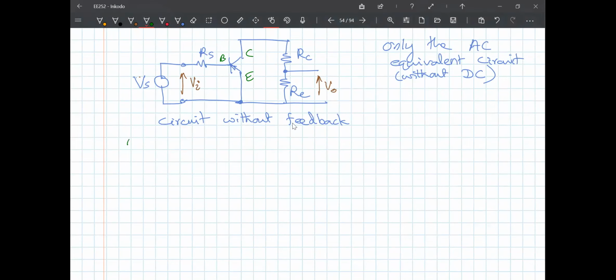Now step 4: replace each active device with the proper small signal model.